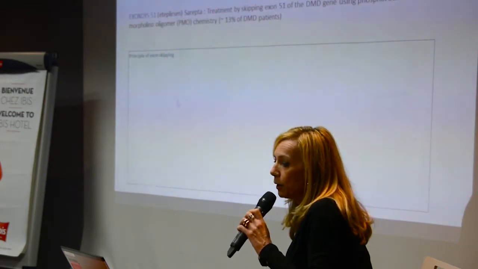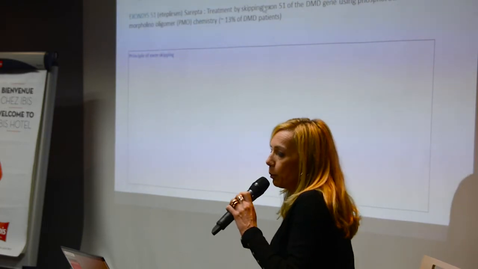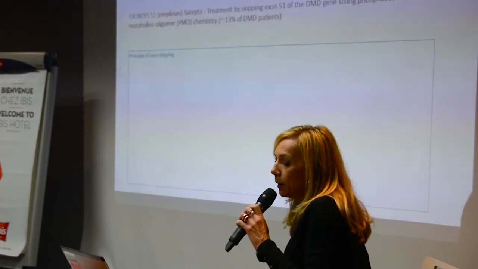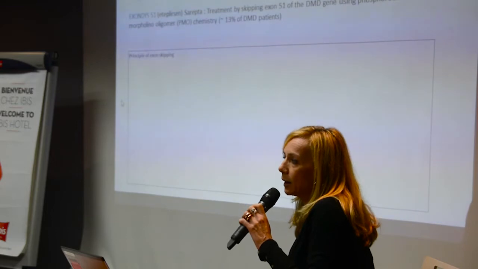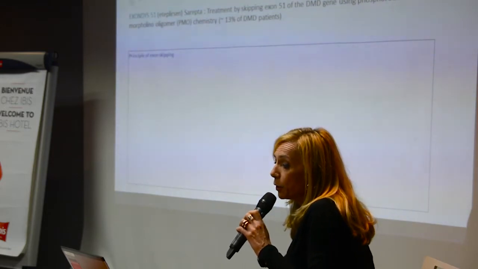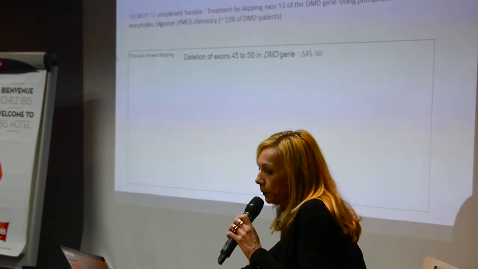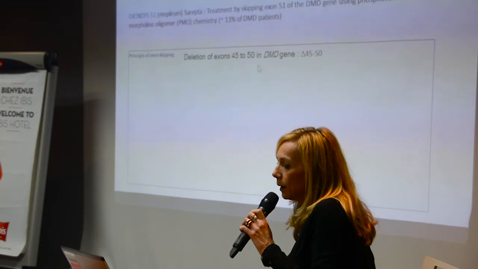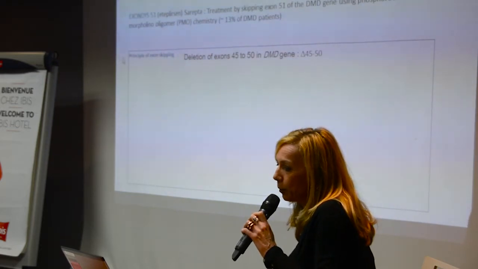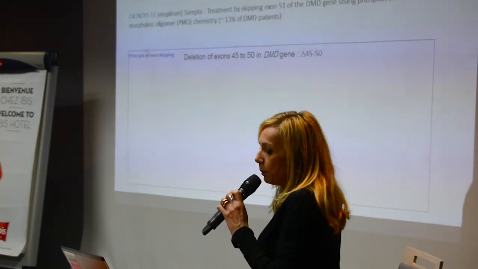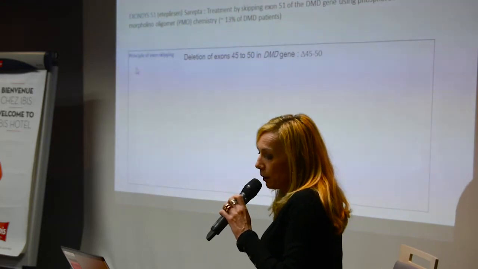And I'm just going to do an overview of therapeutic approaches today that are in clinical trial. So the first one is RNA repair, exon skipping. And I want to do a little explanation of the principle of exon skipping, giving you an example.